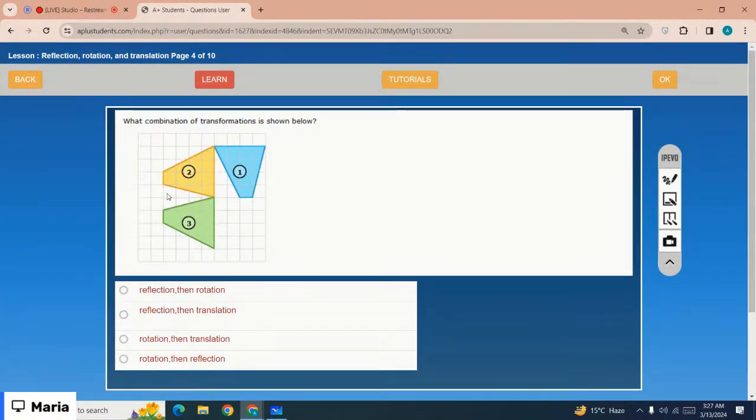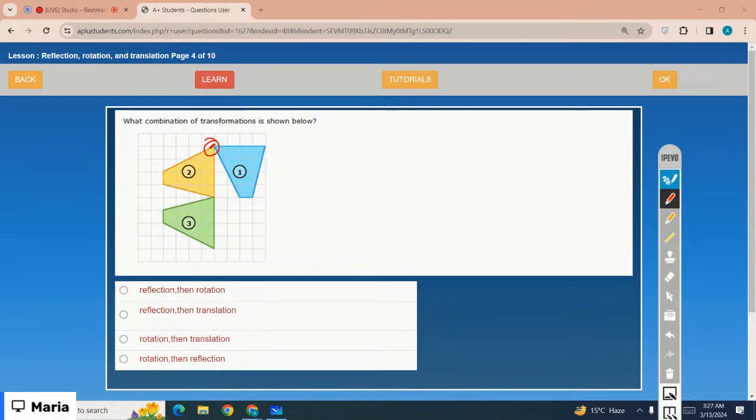Okay, the next one: what combination of transformations is shown below? So from 1 to 2, you can see a point is common, right? Whenever you move along a single point, you have a single point over here that is still common. That is the rotation, right?